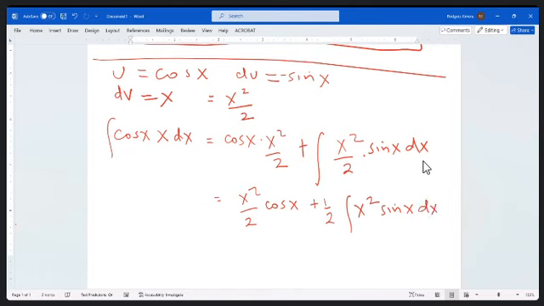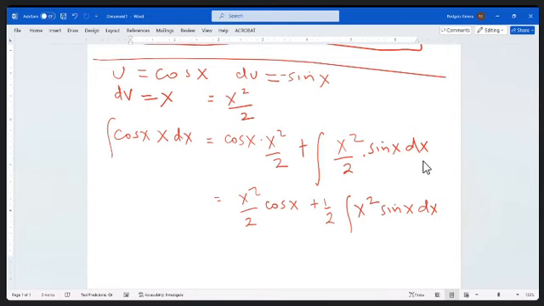Now, this takes us to another integration by parts. So it is still going to take us in the same loop, and we shall end up integrating forever.